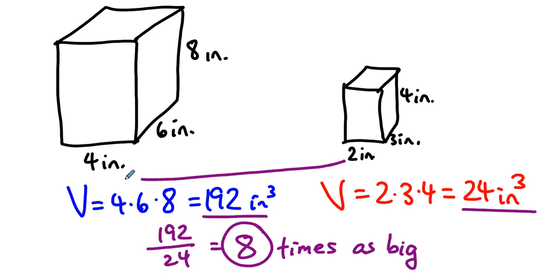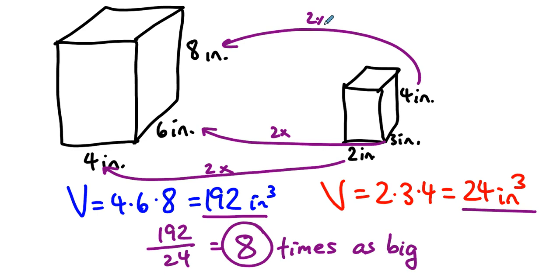Well, this side is twice as big, and this side is twice as big, and this side is twice as big as its corresponding side over here. So there's twice as much on the length, twice as much on the width, twice as much on the height.